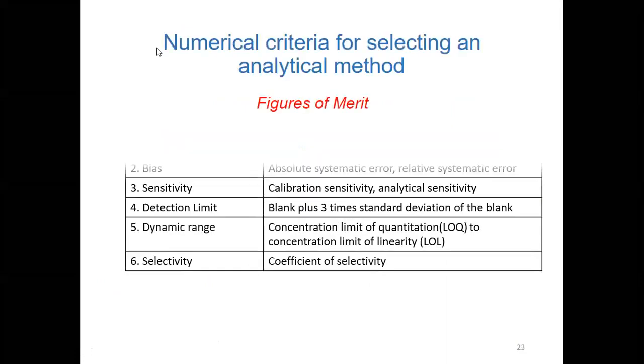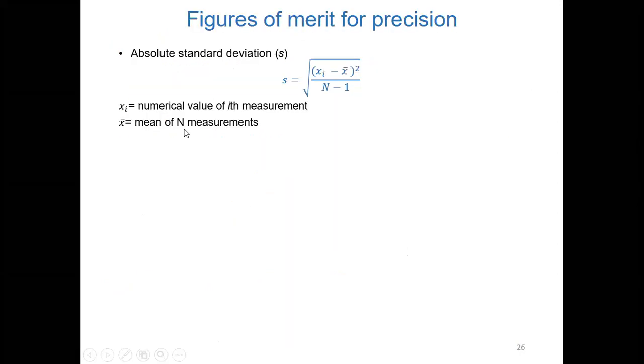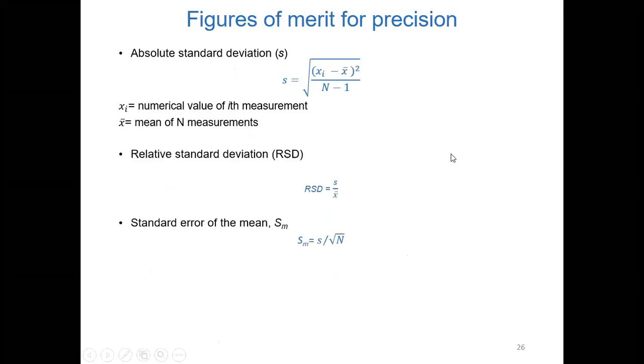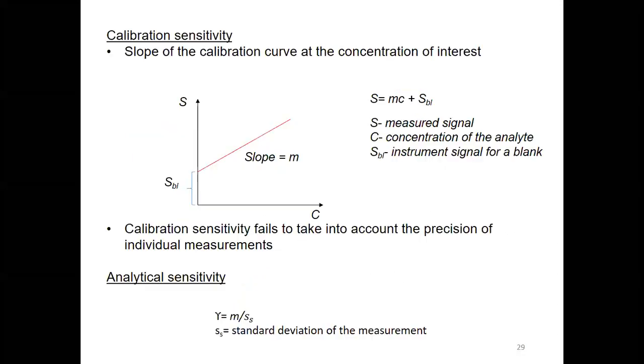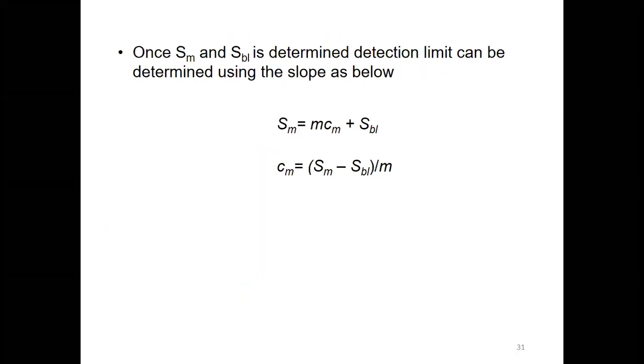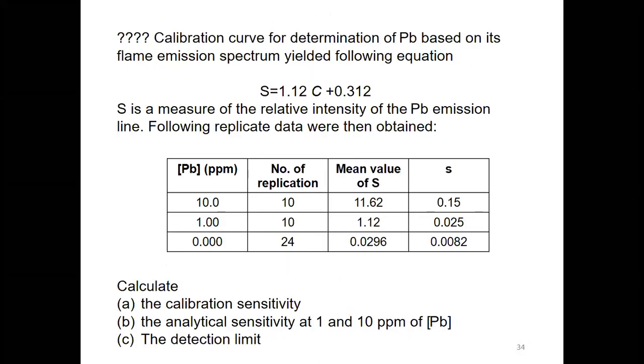And finally, we discussed the figures of merit and how we can select a particular instrument based on our requirements. So, six figures of merit: sensitivity, selectivity, detection limit, all these things. So that's where we stopped.